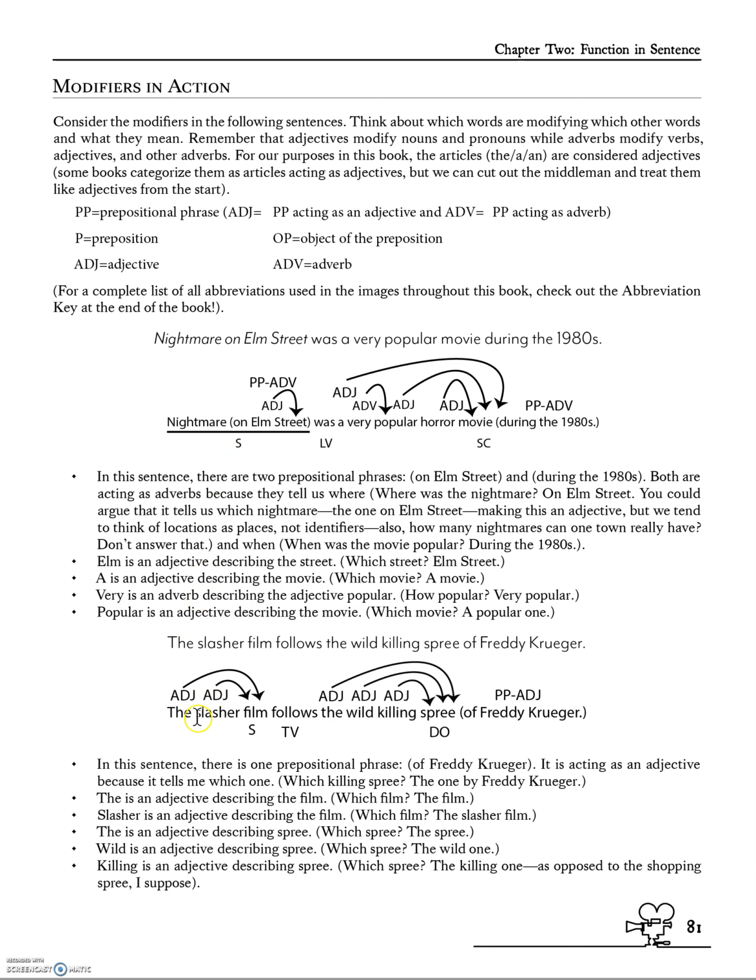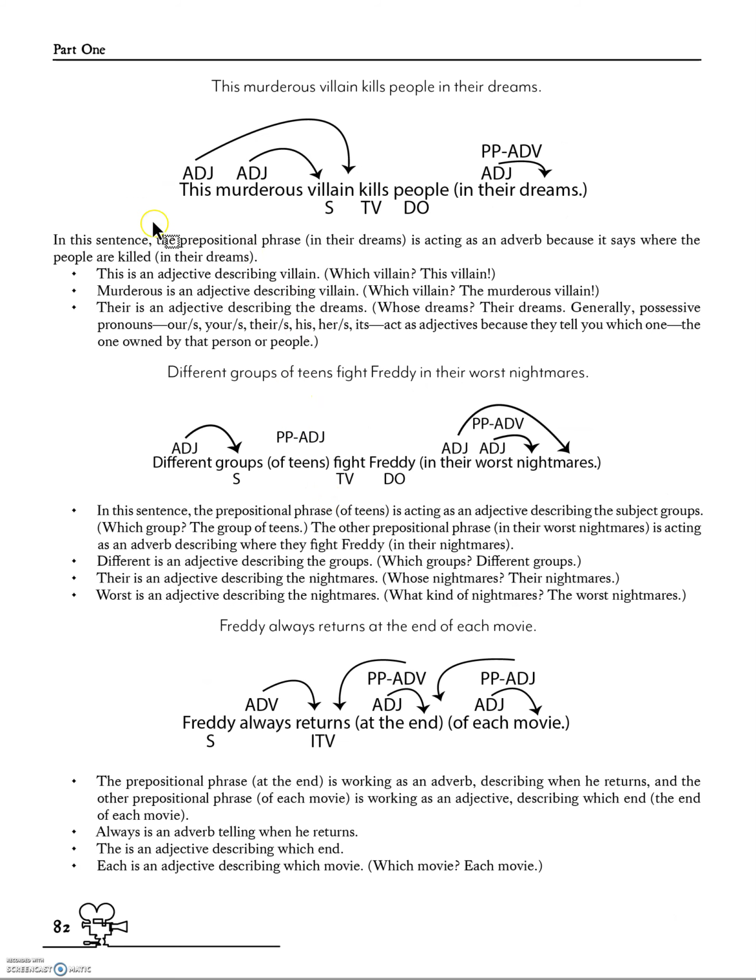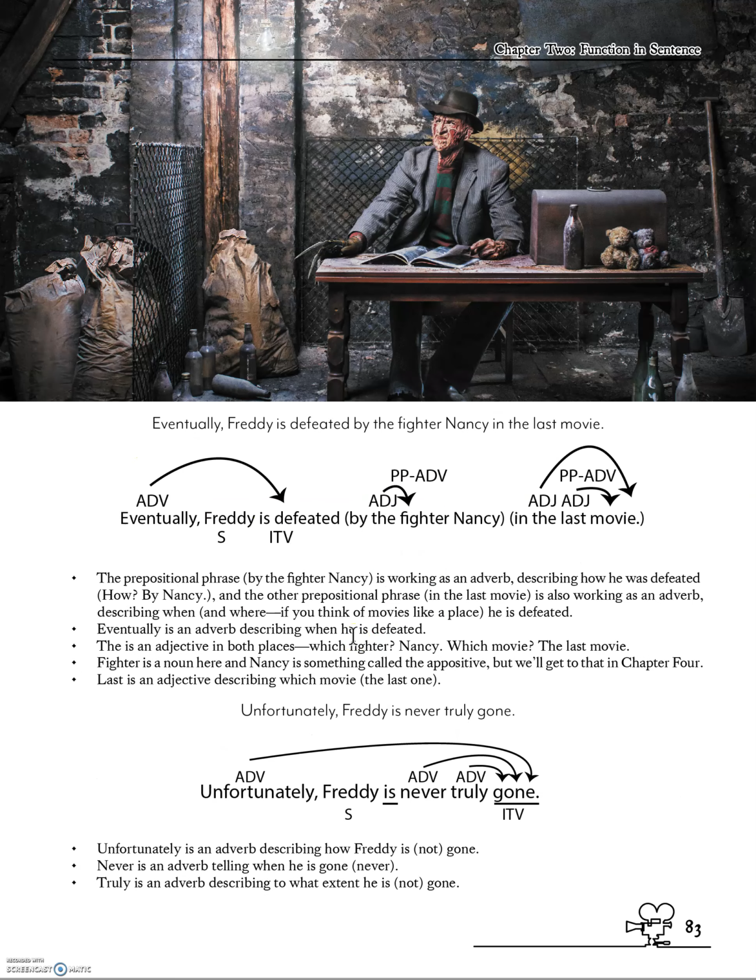So whenever you look at a sentence, you should have a pattern along the bottom, and along the top, every word should be labeled with either adjective, adverb, or preposition. And underneath each sentence, there is a paragraph explaining what each word does. So you kind of walk through each one of these sentences.